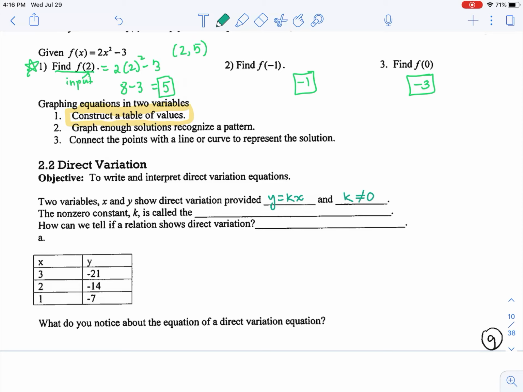Okay, that should look familiar to us, and this is provided y equals k times x and that k does not equal 0, because if k equals 0, then we would have y equals 0, which is no longer a direct variation. So the k takes on a special meaning. It's called our constant of variation.